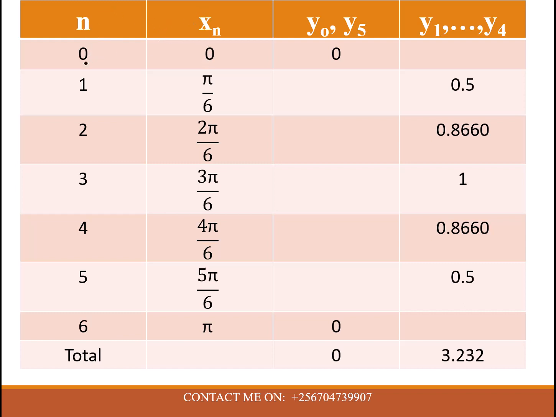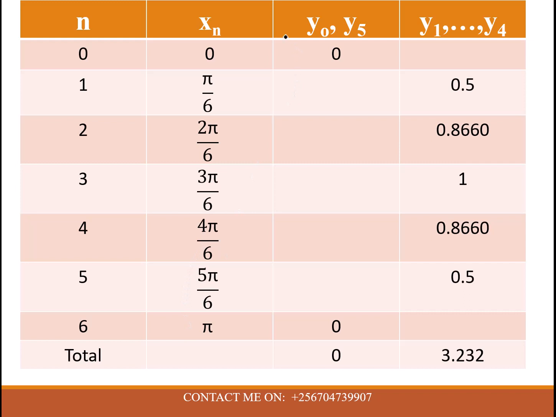Then for n equal to 1, you will get x1. We said these are widths, so you will add these widths until you reach your upper limit. Our lower limit was 0 and our upper limit is pi, and we have 6 strips. So when we add pi out of 6, add another pi out of 6, and another pi out of 6, we continuously get these values.